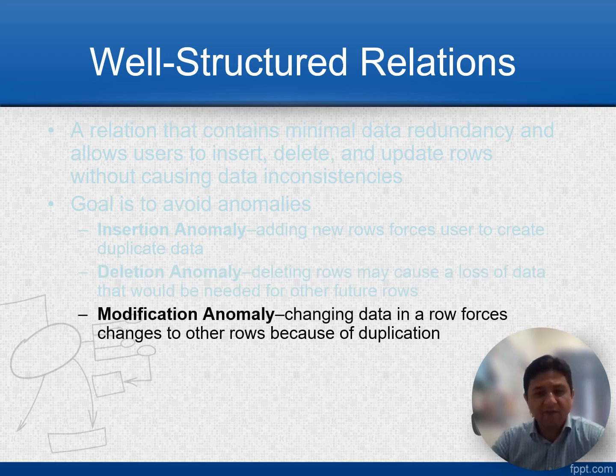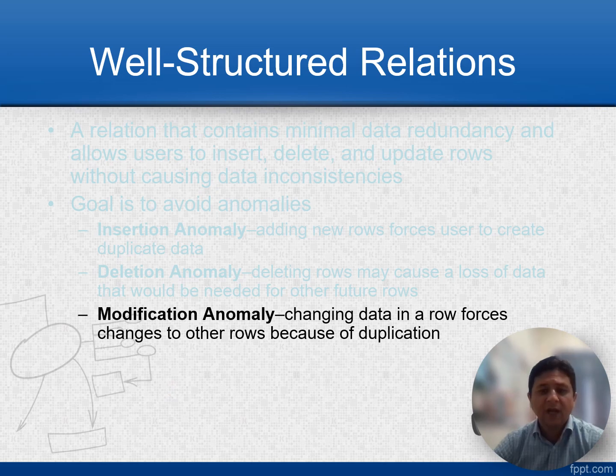And finally, we have modification anomaly, which is related to the update or the editing operation, where we want to change the existing contents. For example, there is a row or some rows, and we want to change the values of a cell or some of the cells in those rows. That operation is a modification operation. And modification anomaly is that we want to change something, but because the data is duplicated, we need to make that change in different places.